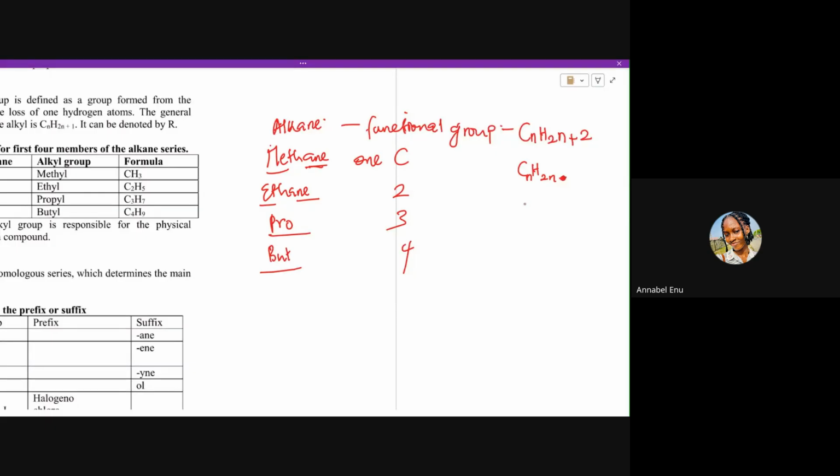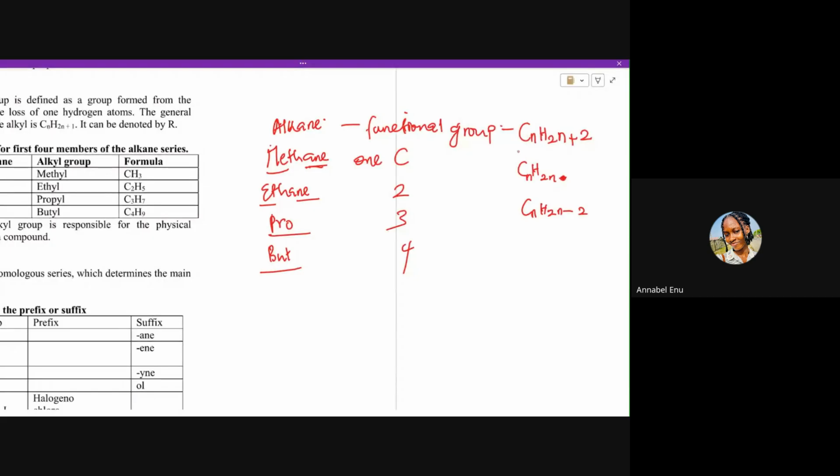Alkyne has CnH2n-2. And when we talk about alcohols, we see CnH2n+1 then the functional group OH, and the rest of them like that. So every member has a general formula. The n there is the number of carbon atoms.